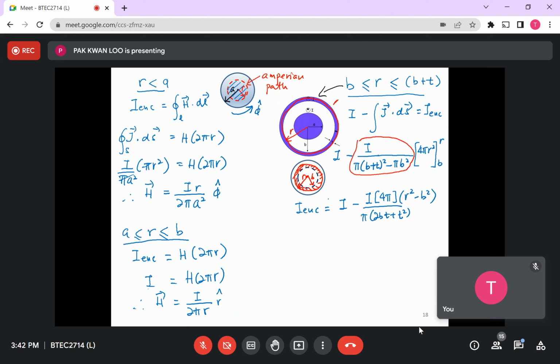So this is the charge enclosed, which represents the left hand side, and the right hand side, the magnetic field. Using Ampere's law, the magnetic field inside here will then be I.